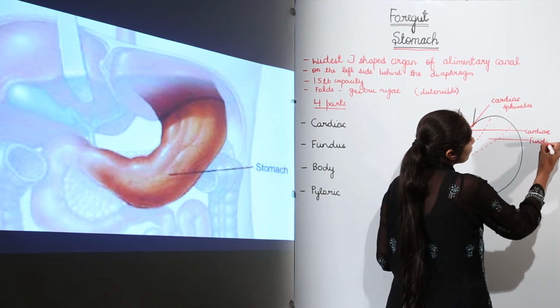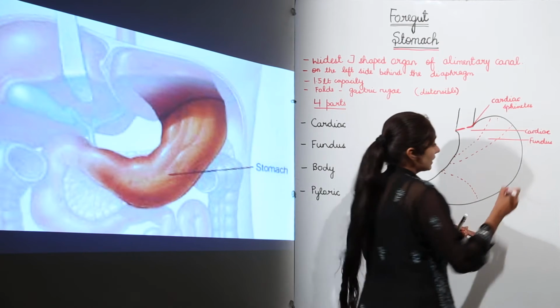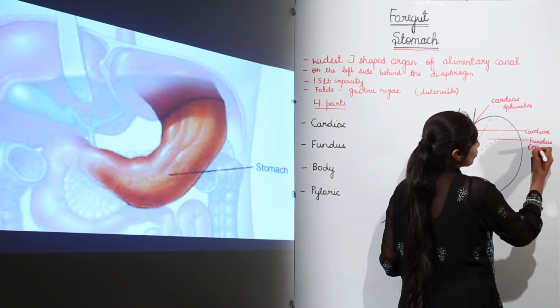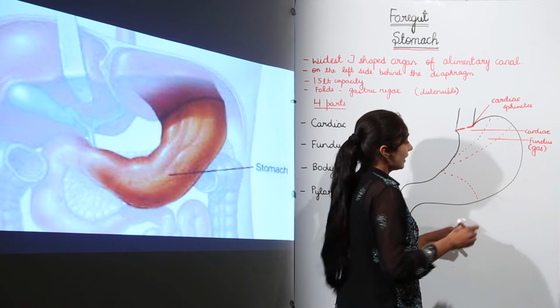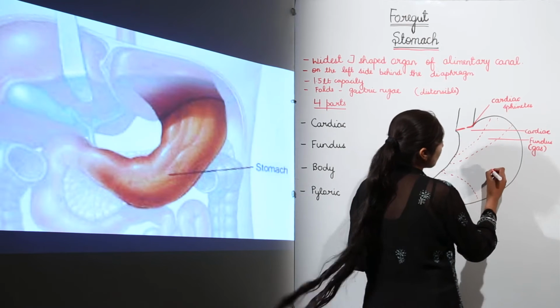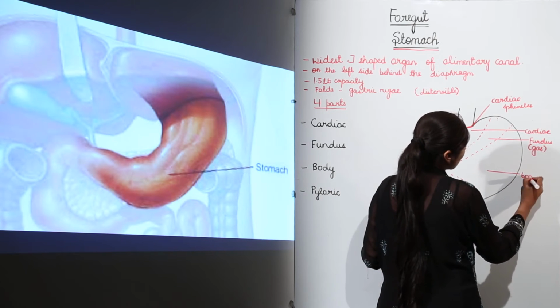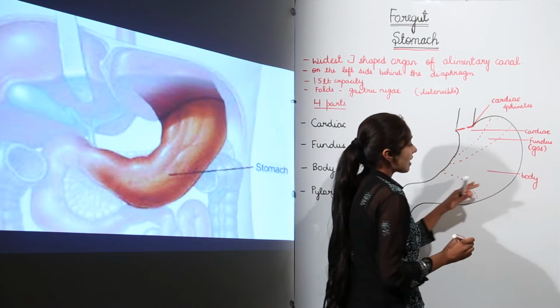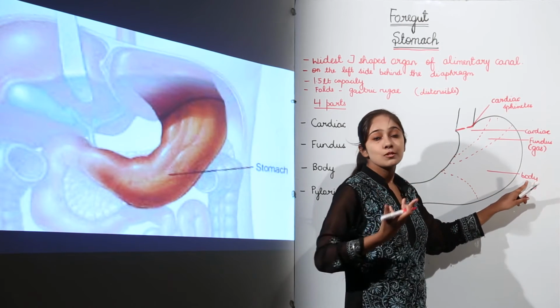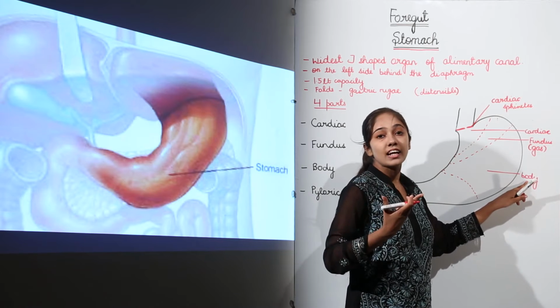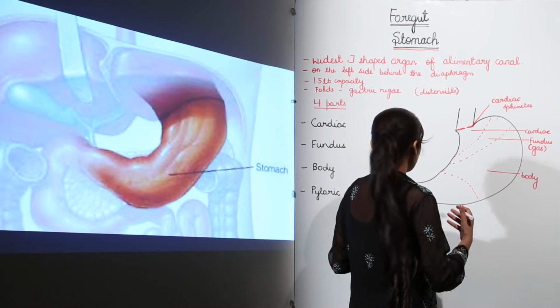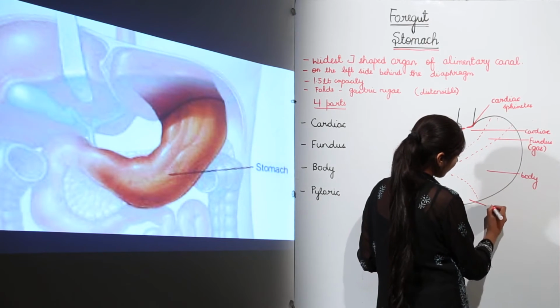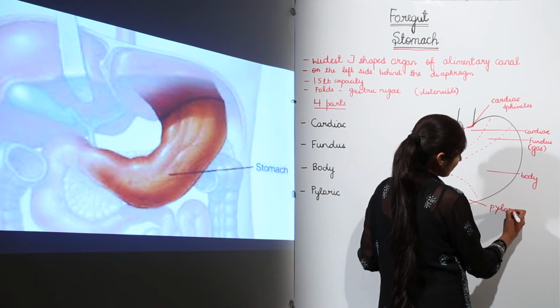Now, fundus is mostly filled with gas. This region of the stomach is mostly filled with gas. Then after fundus we have the body. Now, the body of the stomach is actually distensible, means it is the part that can be stretched. Then we have the pyloric region. This is the pyloric part.